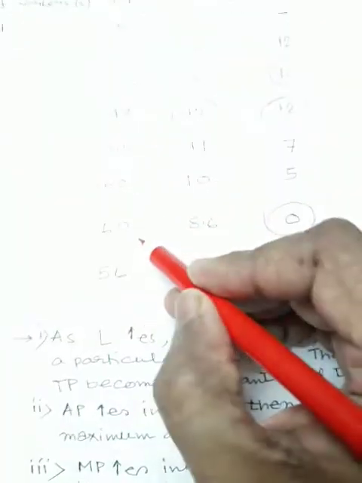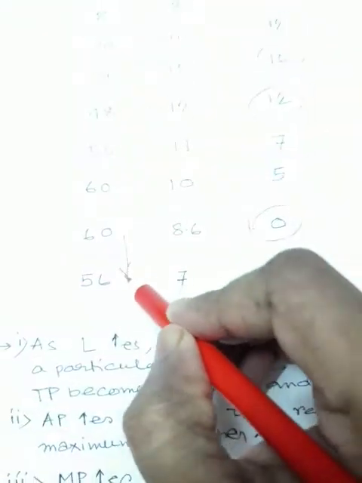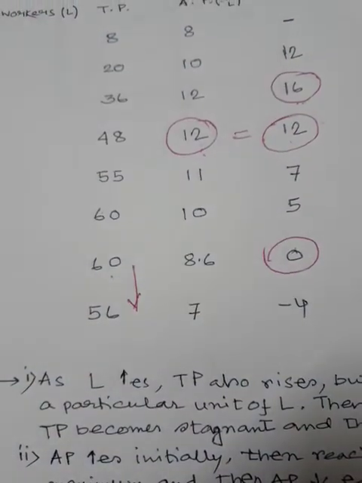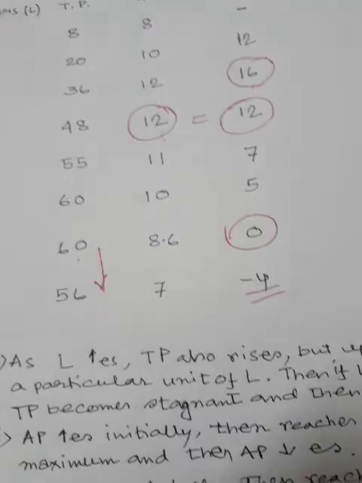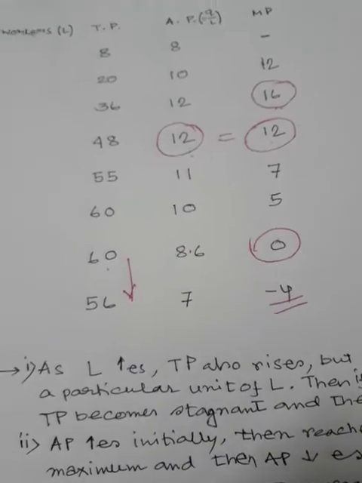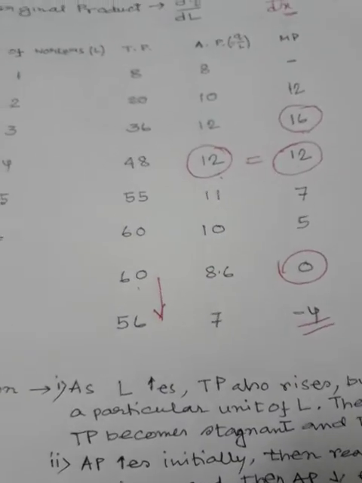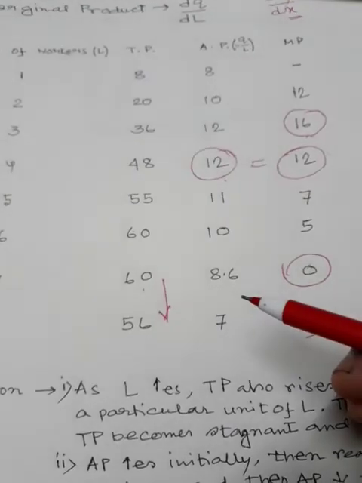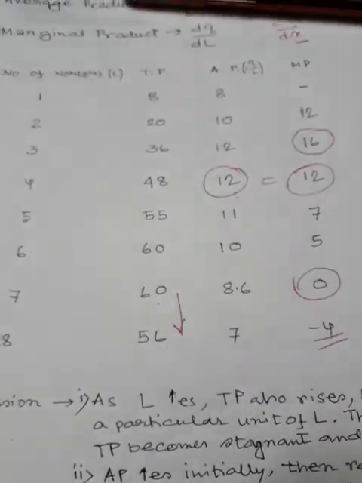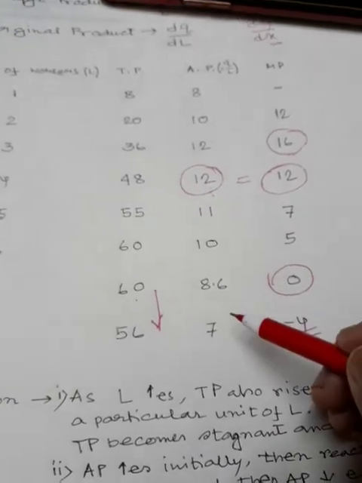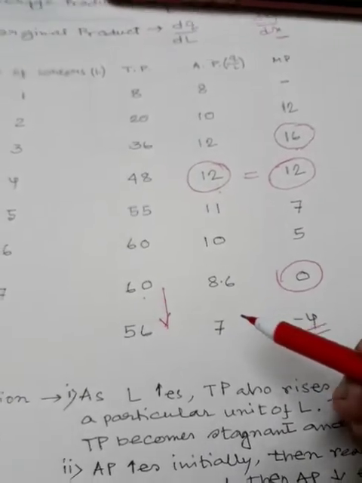And when total product falls, marginal product becomes negative. And here you can see also that average product is never negative, never. It never touches the horizontal line, so it is never 0 and it is never negative. This is another feature of short-run production.